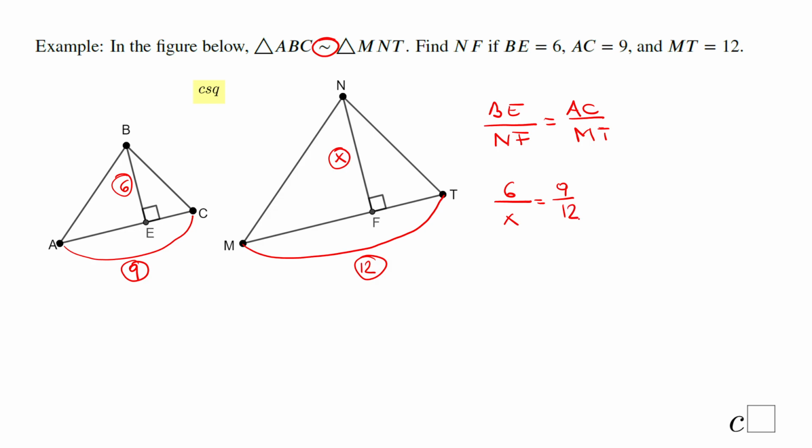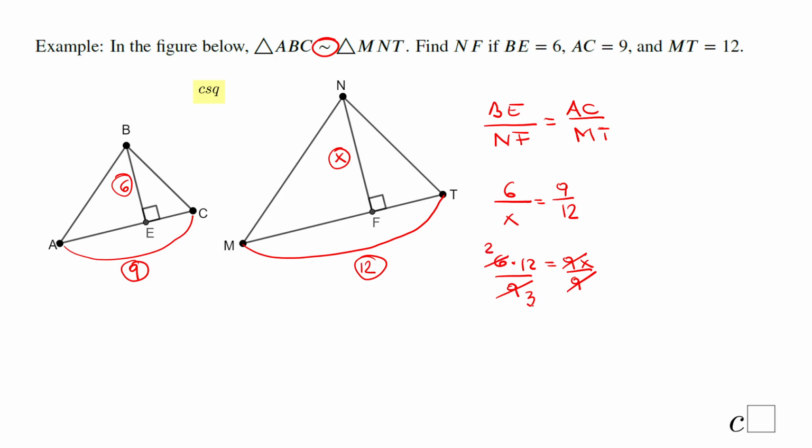I'm going to do cross multiplication. So we're going to have 6 times 12 equals 9 times X, or 9X. And I'm going to divide by 9 here. And we have 6 times 12 divided by 9. We can grab a calculator, or you can simplify. 9 is divisible by 3, so 9 divided by 3 is 3. 6 divided by 3 is 2.